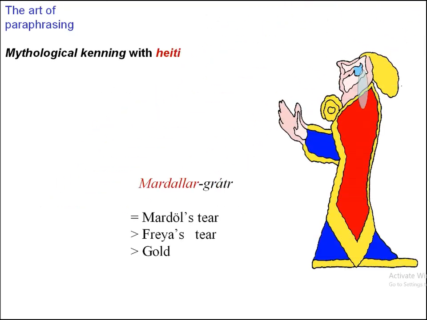So, in order to recapitulate on something that we have already been discussing before, I would like to draw your attention again to the classic kenning for gold, which is Mardöll's Tears. The word Mardöll is a heiti with some murky, unknown mythological connotation, and is a name for Freya, the goddess Freya.